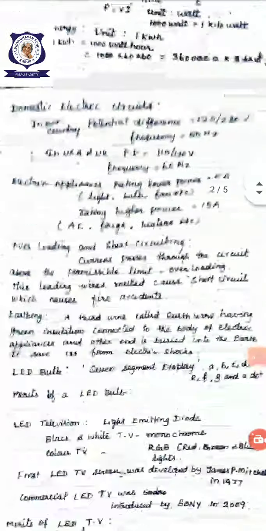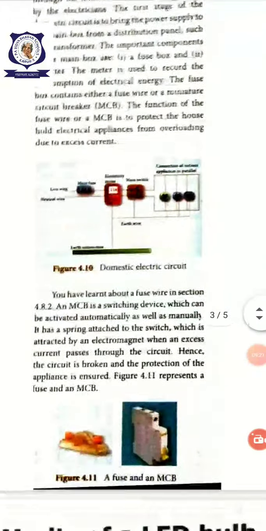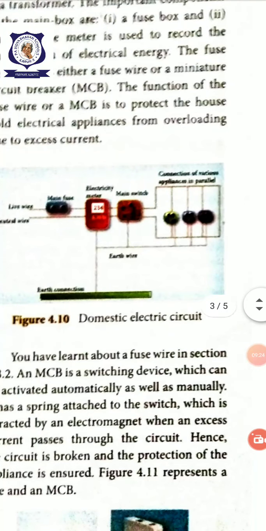Let us see this diagram. Here it is a household circuit. The connections are all in parallel, because, as I told you in the last class, we prepare only parallel connections so that the regular voltage can be supplied to each individual circuit, and if any part of the circuit has a defect, the remaining will stay active.